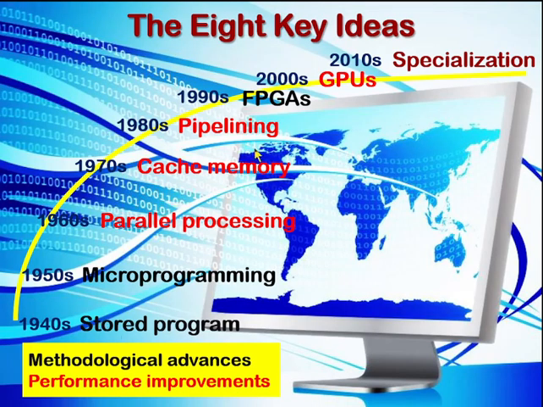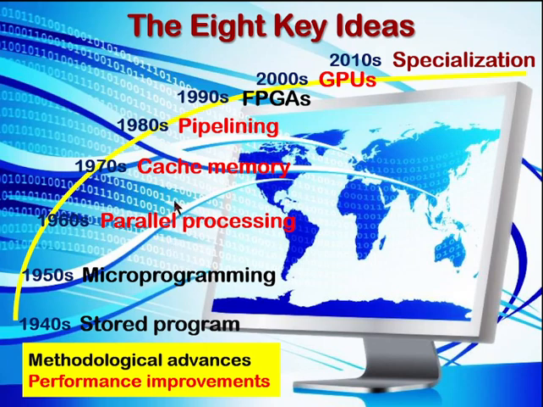Okay, so this takes us to the 2010s. I still owe you a brief discussion of the 2020s, my predictions for what will happen. I've classified these ideas or advances as methodological advances and performance improvements.